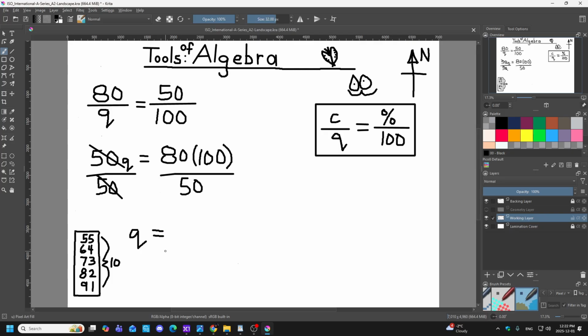We're left with Q. I'm going to do a bunch of different examples here for you guys and gals, because I always suggest that practice makes perfect, right? The more you do, the better you're going to get. Again, each problem is unique, so they're not all the same.